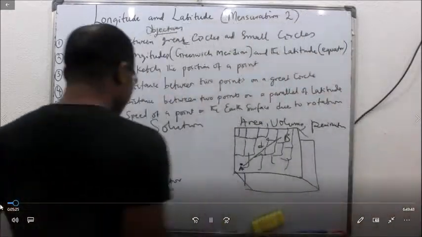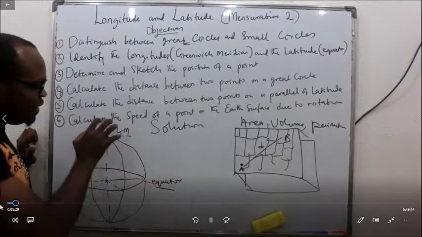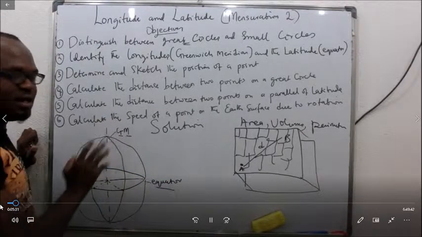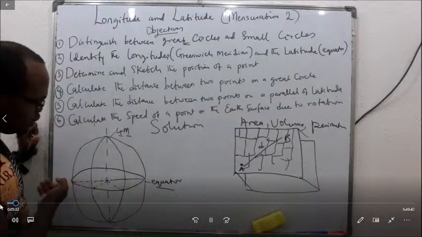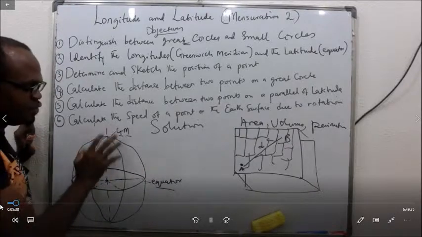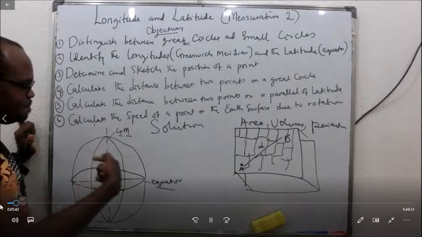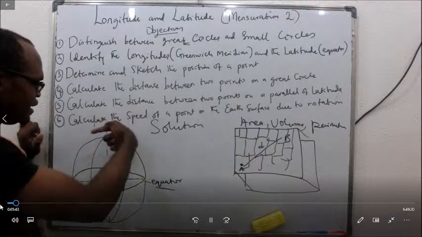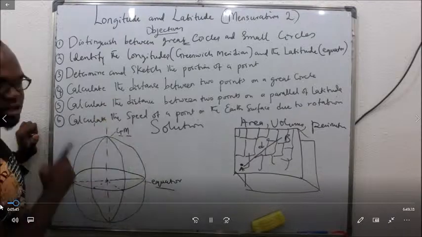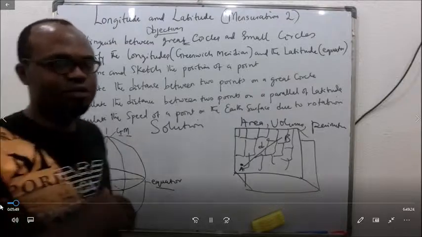A great circle is that circle that when you cut through, you have equal halves of the sphere of the Earth. Like when you cut the Earth through the equator, you're going to have two equal parts. Or when you cut it through the Greenwich meridian. There are plenty of other great circles as longitudes, but the Greenwich meridian and the equator are the two major great circles.